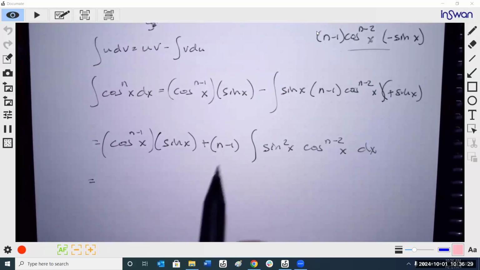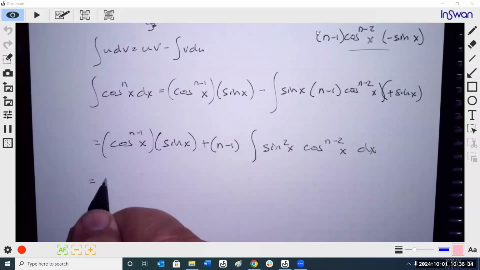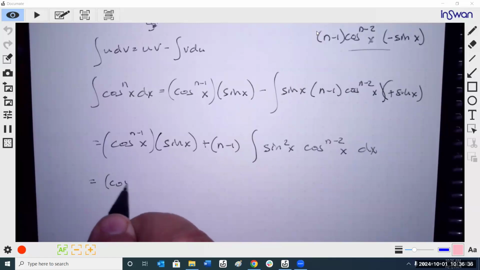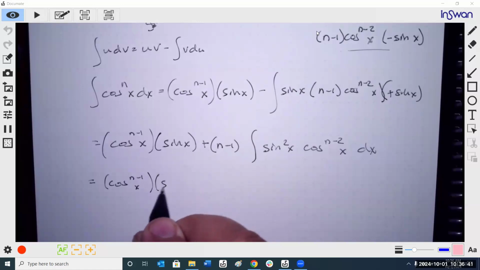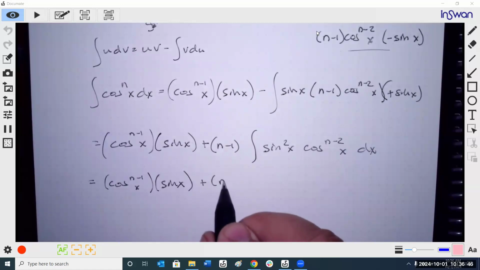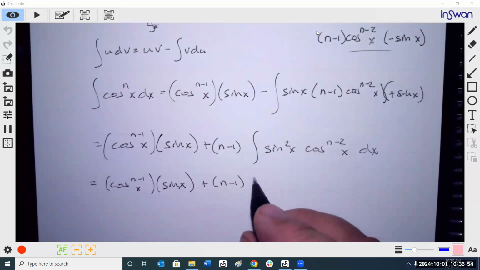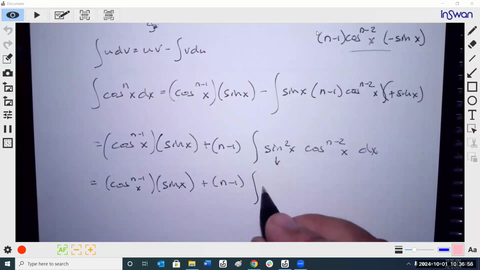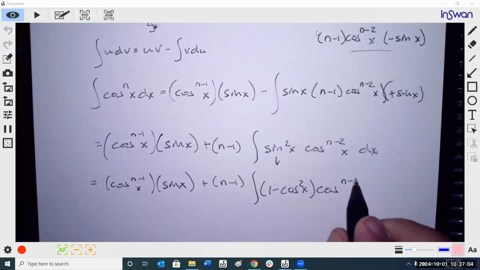Let's see what we have now. Cosine n minus 1 x sine x plus n minus 1 times the integral. Now we have sines and cosines. It makes it much easier if we convert sine squared to 1 minus cosine squared x, because that way it'll give us nothing but cosine terms.